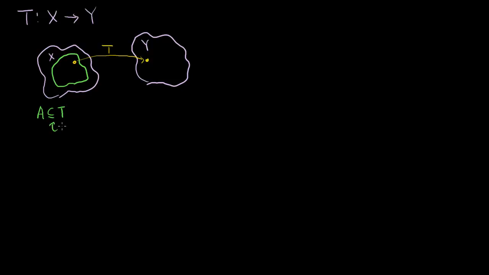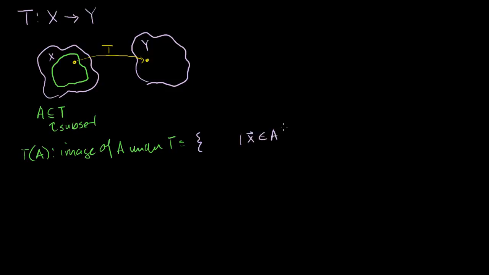This notation right here just means subset, some subset of X. We've defined the notion of an image of A under T, which is the image of our subset A under T. We've defined this to be equal to the set of all, if we take each of the members of our subset, the set of all of their transformations. And of course, these are going to be some subset of Y right there.